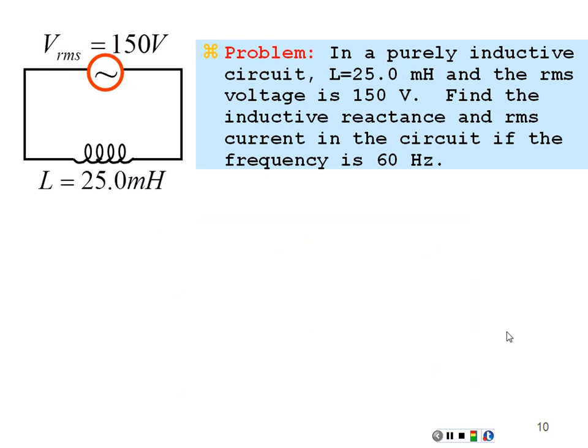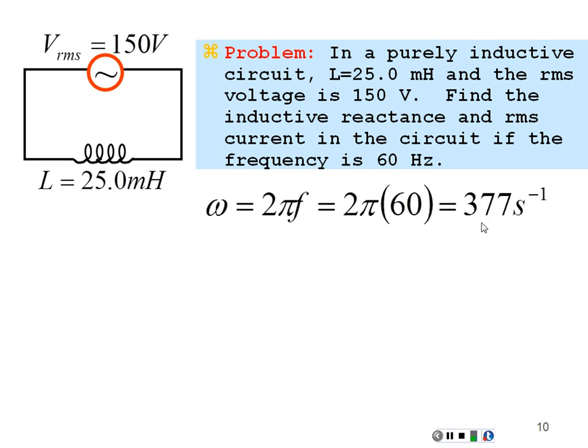Let's try a problem. In a purely inductive circuit, the inductance is 25 millihenries and the RMS voltage is 150 volts. Find the inductive reactance and root mean square current in the circuit if the frequency is 60 hertz. Well, if the frequency is 60 hertz, the angular frequency will be 2 pi times that, or 377 radians per second.